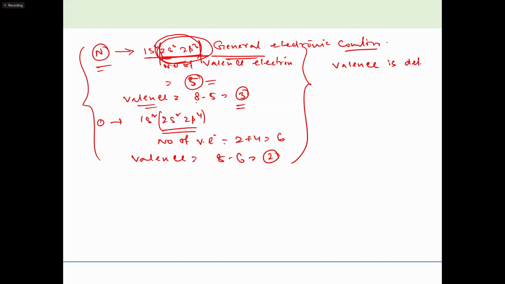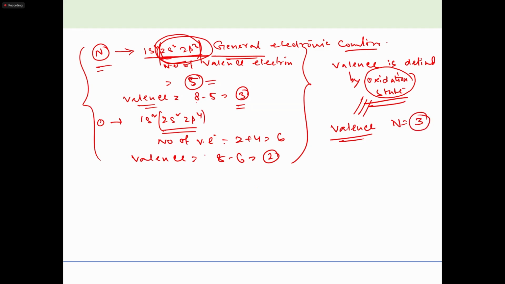is defined by oxidation state. So what is that actually? This oxidation state is actually equal to the valency. Suppose the nitrogen: for nitrogen the valency is equal to 3.